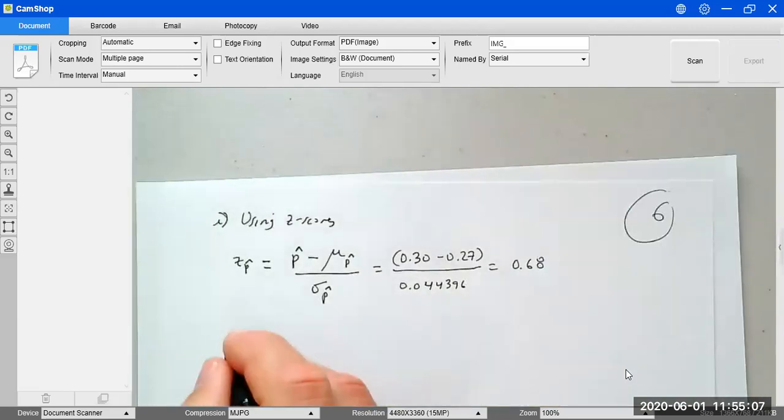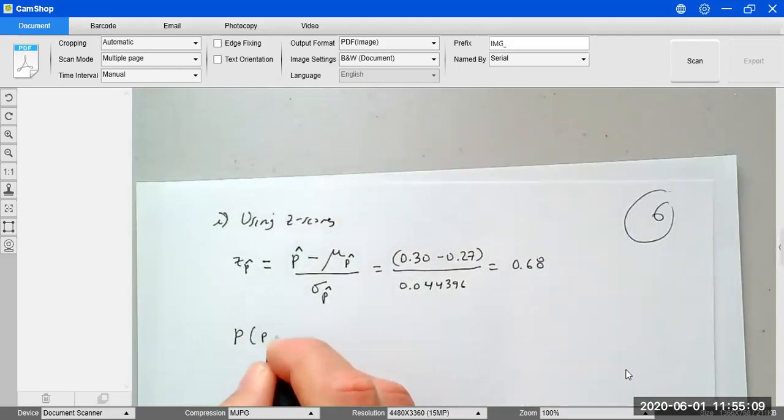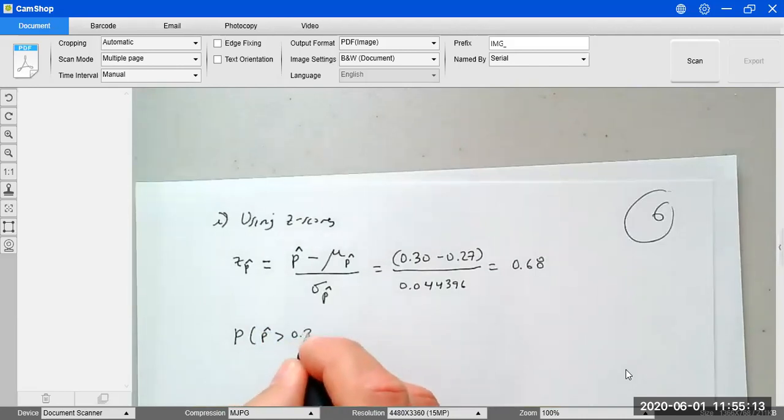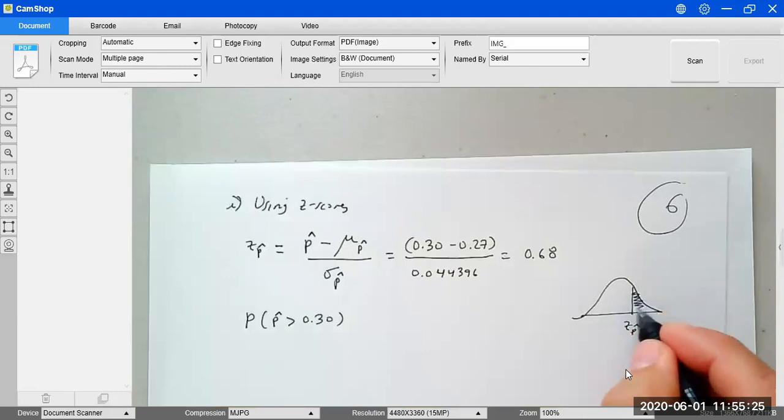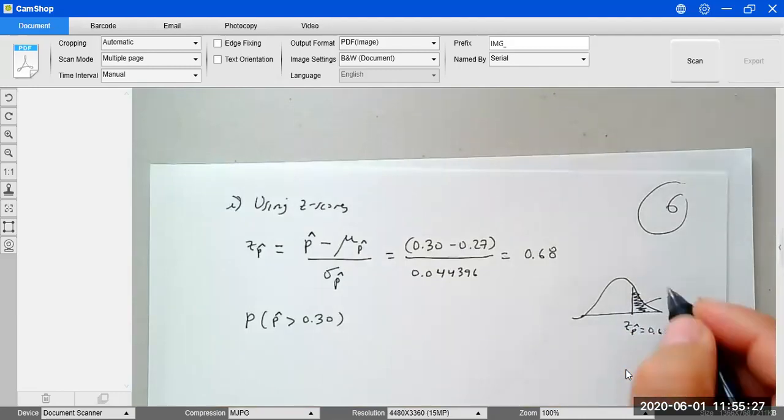Now the probability that p-hat is going to be greater than 0.30. Again, you have a z value here of 0.68. This is the area that we are looking for.